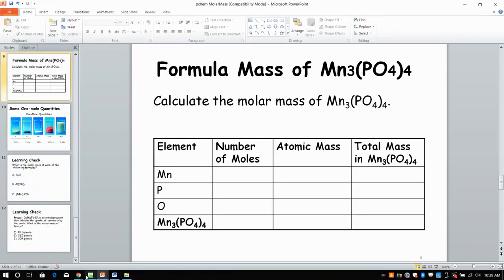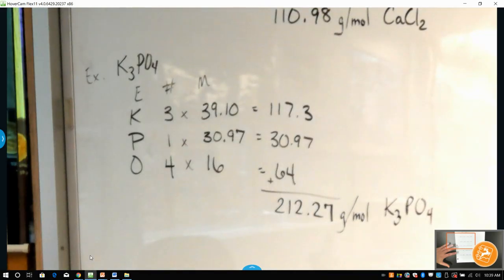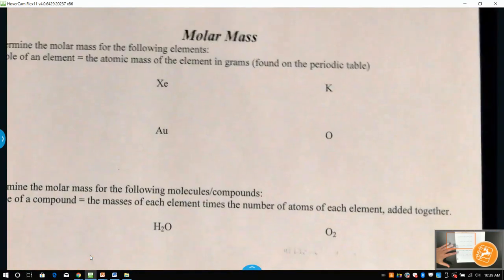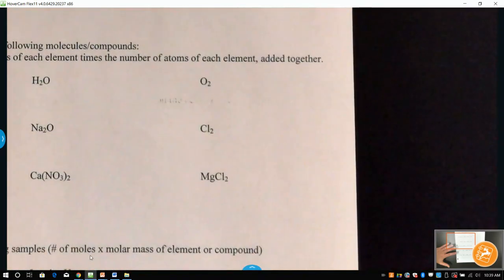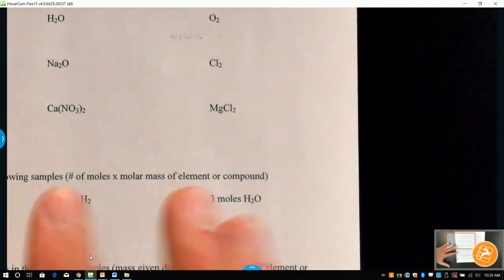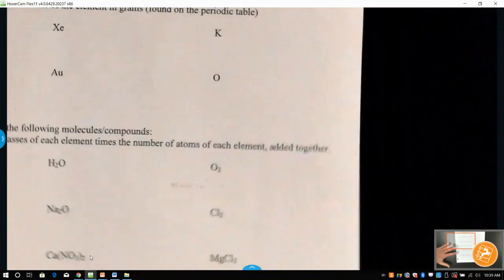Then, after we've gone through copying down the notes and dealing with that, we got into our assignment.